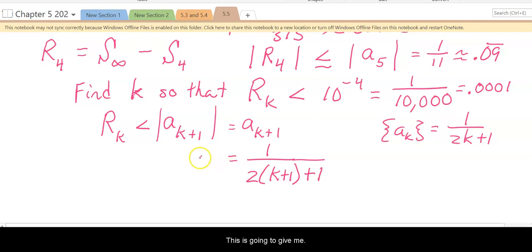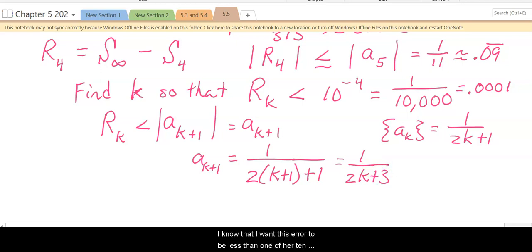This is going to give me what I need in order to compute how large k needs to be to guarantee that my error is no further off than 1/10,000th of a value. Now I can do the algebra on the denominator, and I can write this as 1 over 2k plus 2 plus 1, or 1 over 2k plus 3.